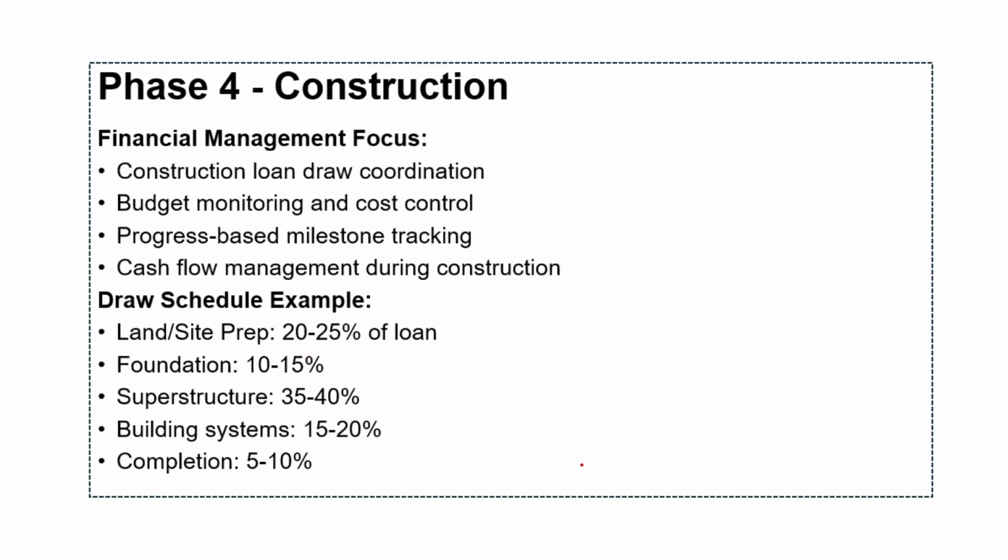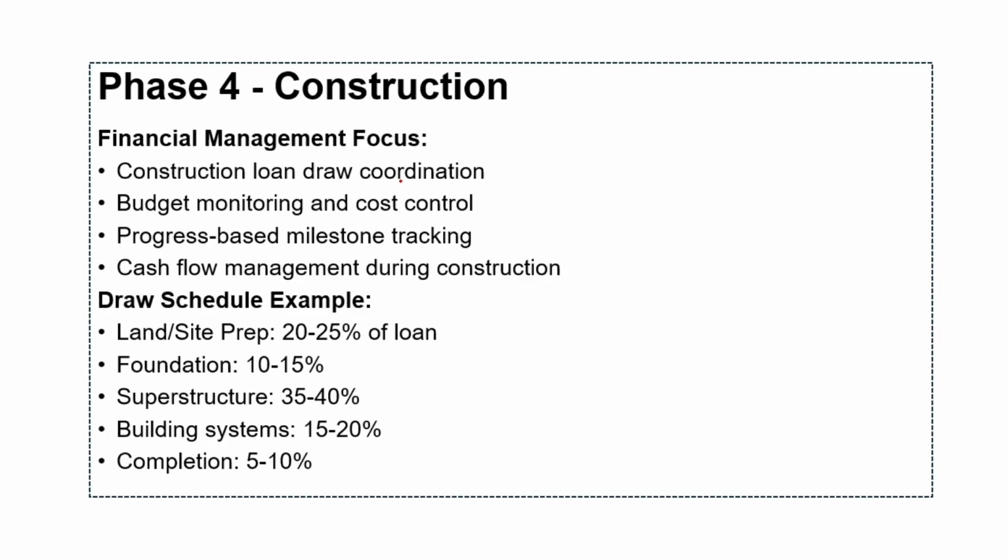Then for phase 4, we have construction. So here construction loan draw coordination involves managing cash flow from lenders based on the construction milestone and budget requirements. We have timing of draws affecting cash flow management and interest cost minimization.